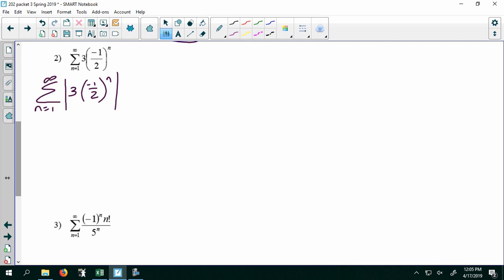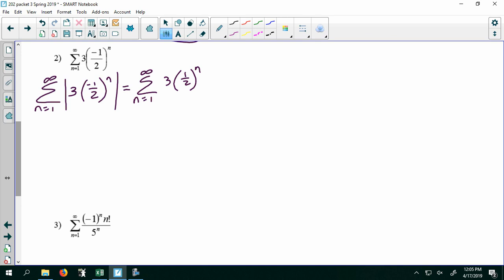So (-1/2)^n, that's just going to alternate signs. So I can take that negative right out because we're taking an absolute value. So this is the sum, n equals 1 to infinity of 3 times (1/2)^n.